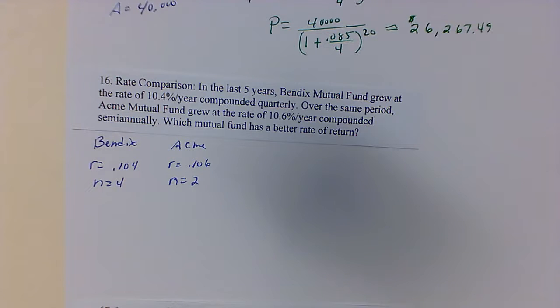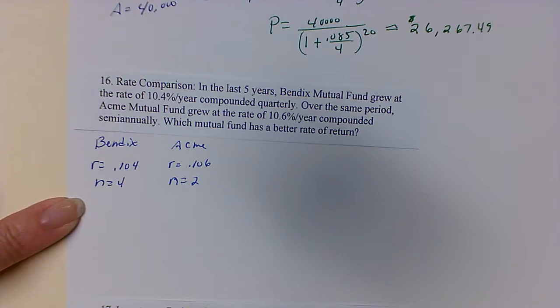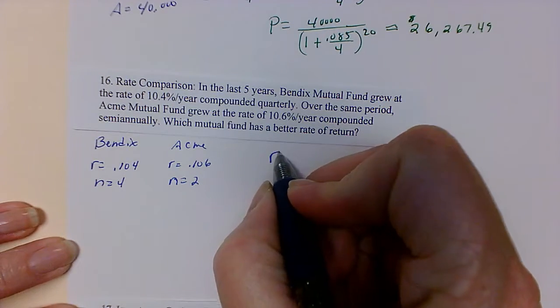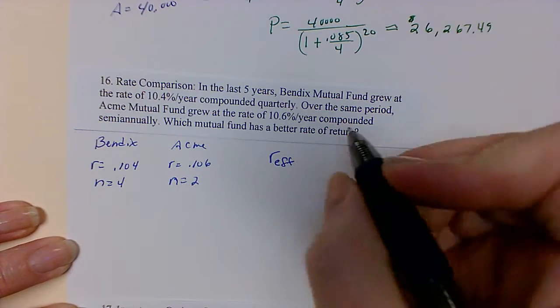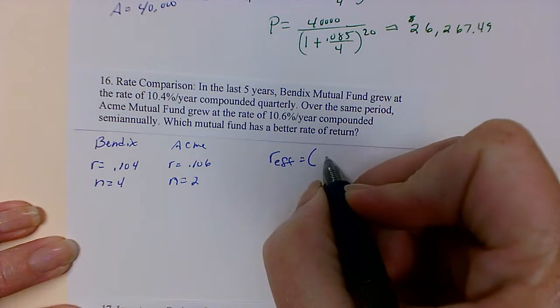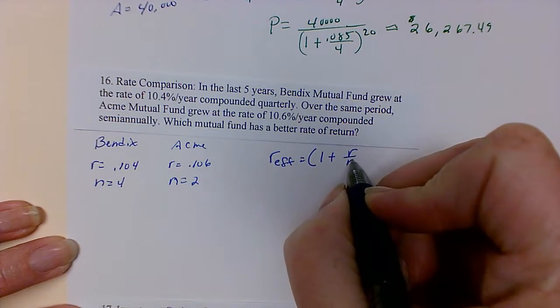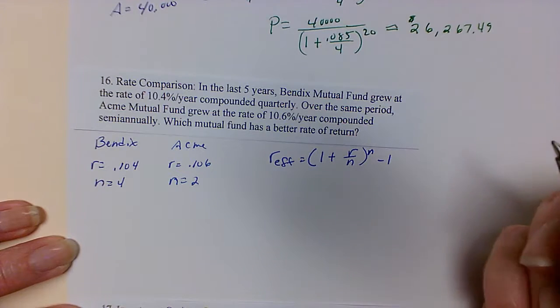So for our Bendix here, we are looking at our R_EFF. Let me rewrite this formula here so you have it in front of you. This will equal 1 plus R over N raised to the N, minus 1.